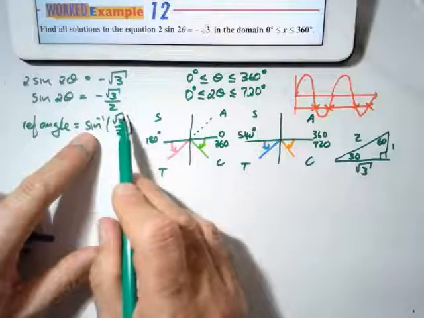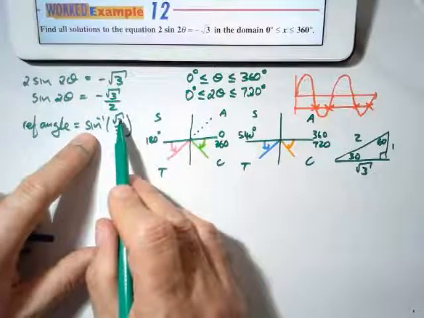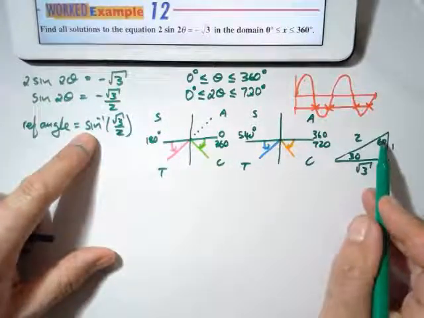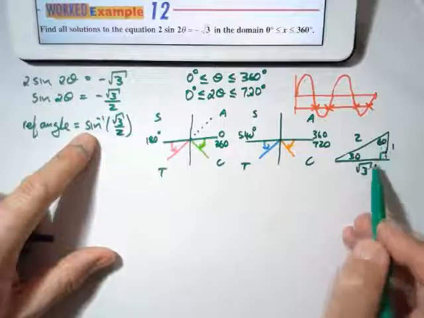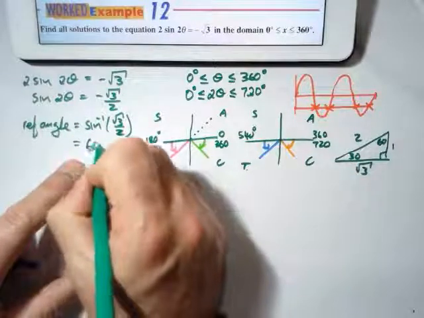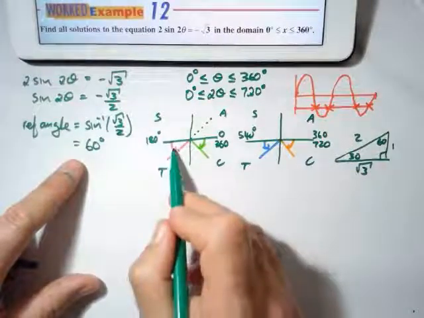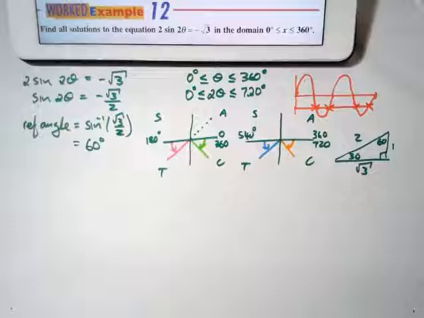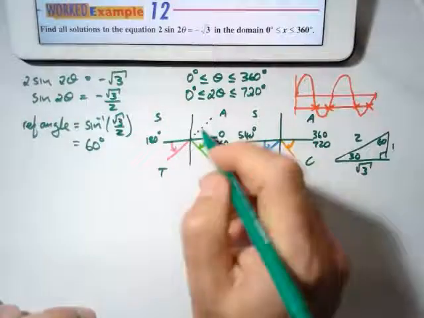Opposite square root 3 is 60. So opposite over hypotenuse is square root 3 over 2. So my reference angle must be 60 degrees, which means that is 60 degrees, that's 60 degrees, that's 60 degrees, that's 60 degrees.